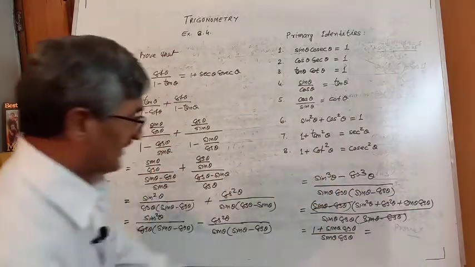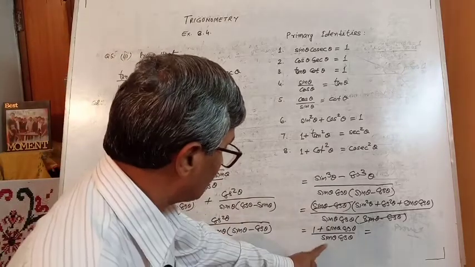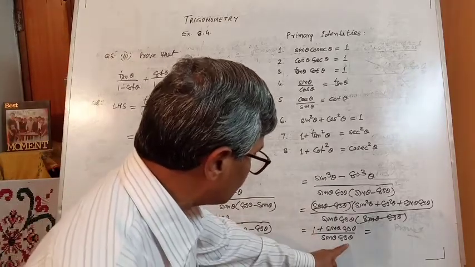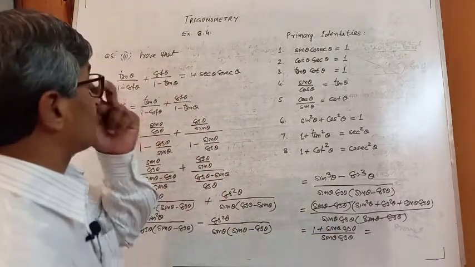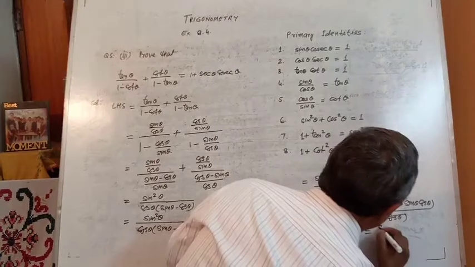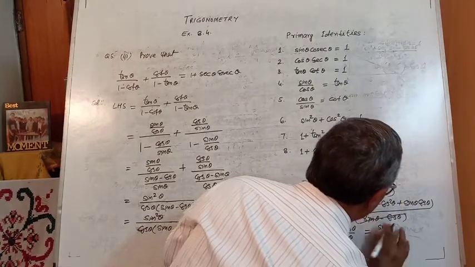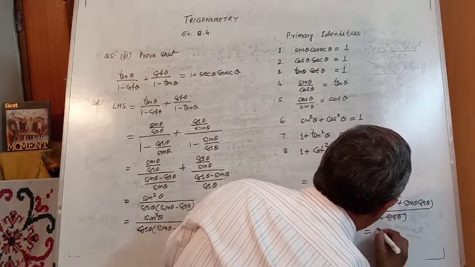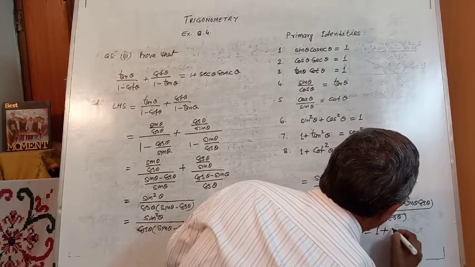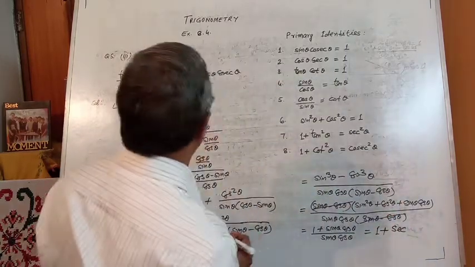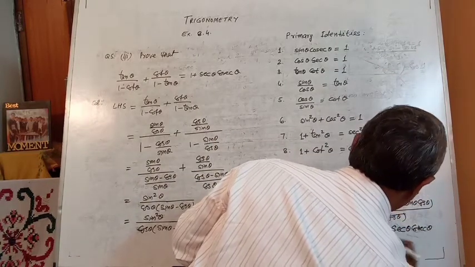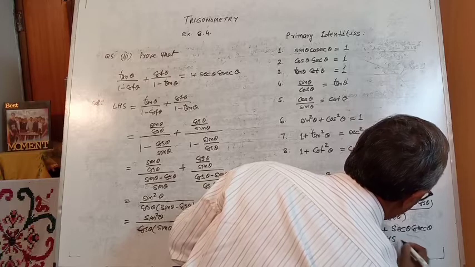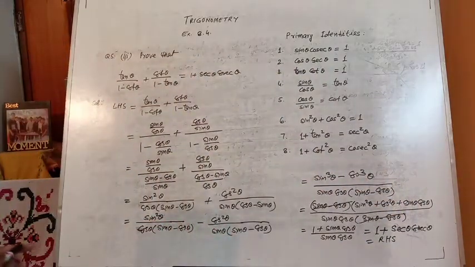Now separate this one: 1 by sin theta cos theta, and sin theta cos theta divided by sin theta cos theta. This will give 1 plus sec theta cosec theta, and this is RHS. Note down.